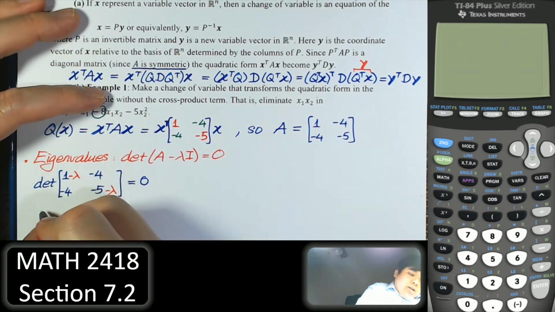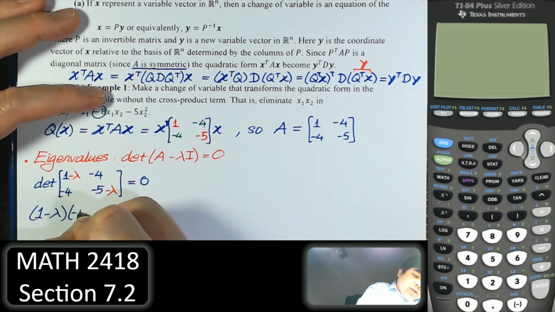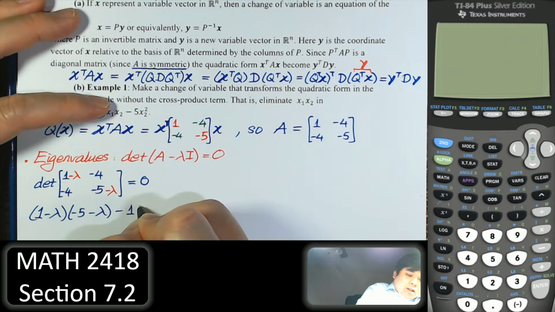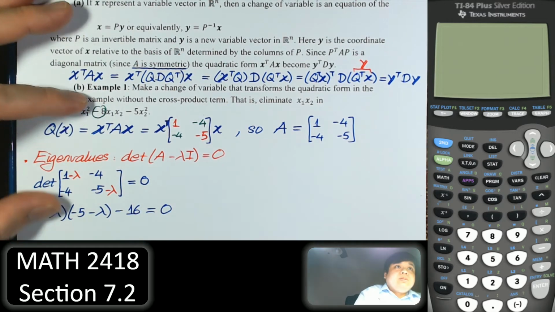The determinant of 1 minus lambda, and so on, minus 16 equal to 0.